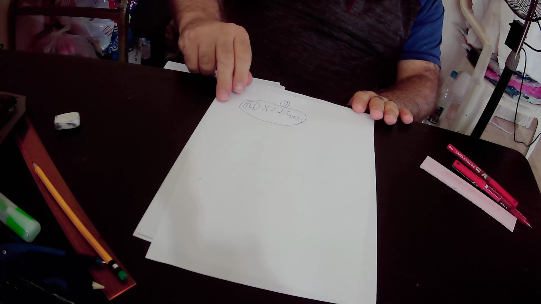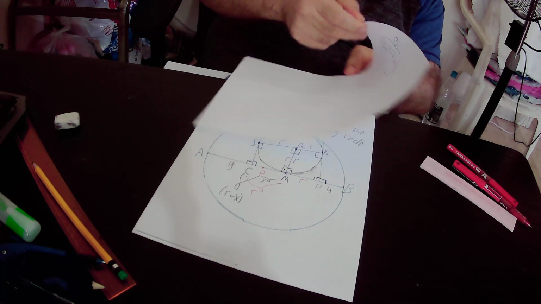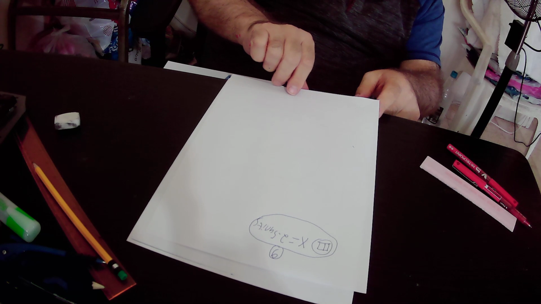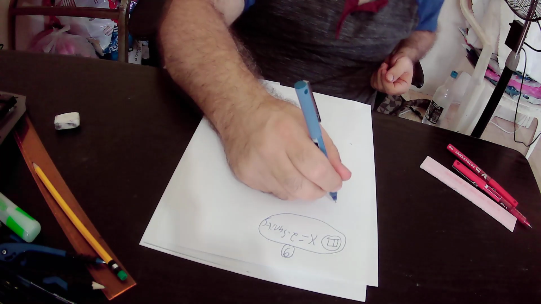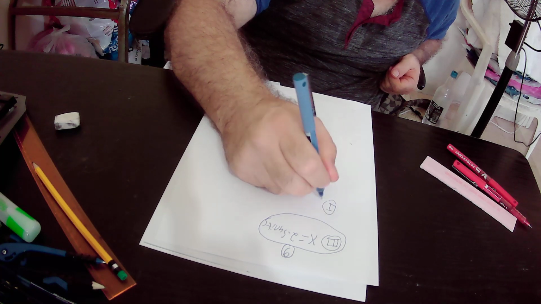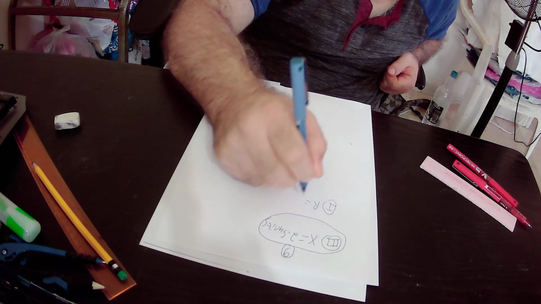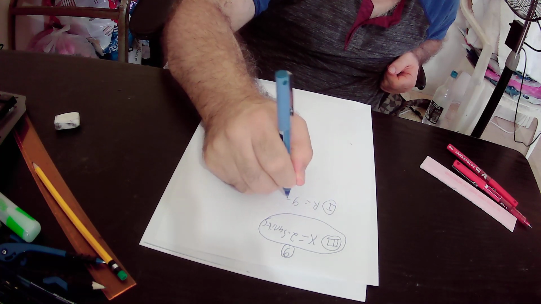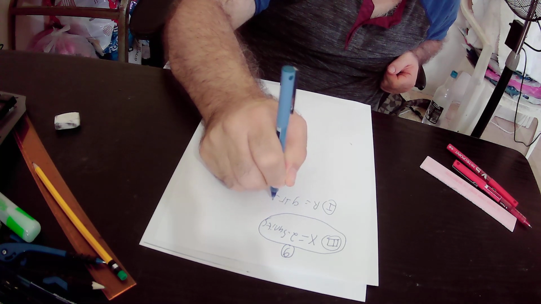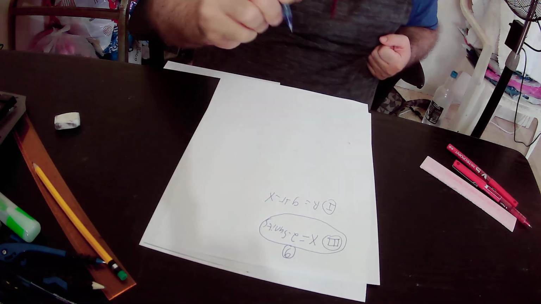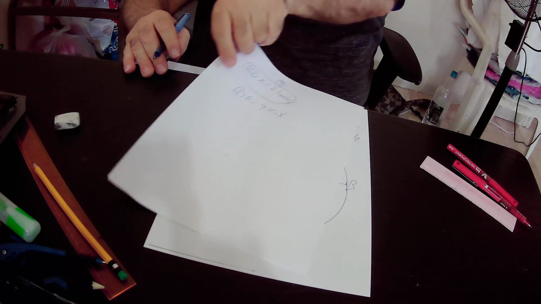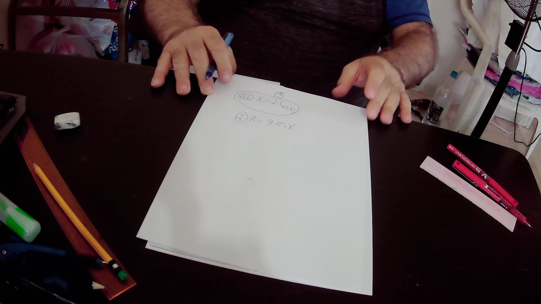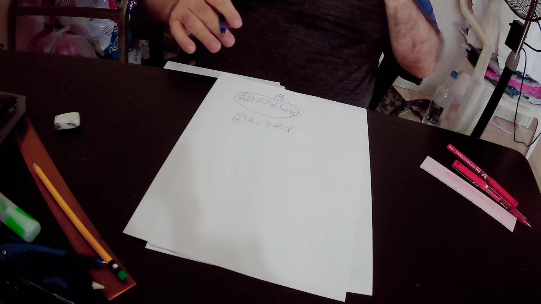Okay, we have the third equation, we have this first equation that states that capital R equals 9 plus small r minus x. Okay, that is our first equation for the radius of the big circle.